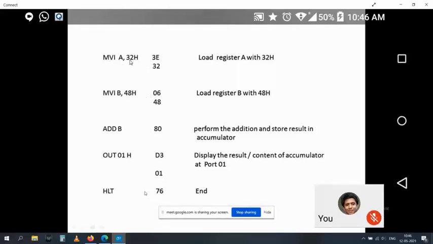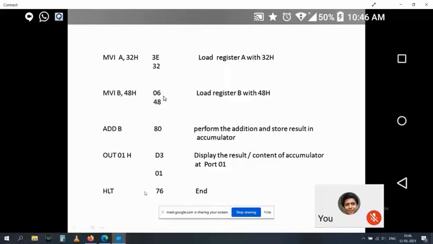MVI A, 32H. We saw with move how this was different. It is 3E and 32H, where 32H is the data. And then again I am saying MVI B. Now I want to load register B with data, 48H. The hexadecimal code is 06.